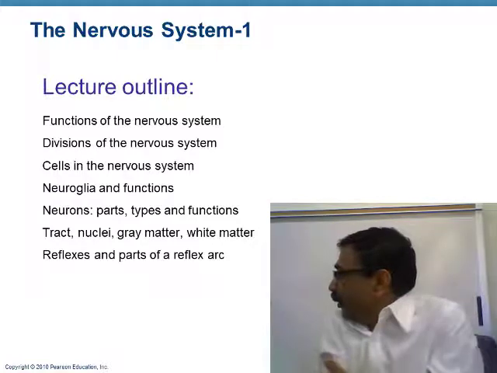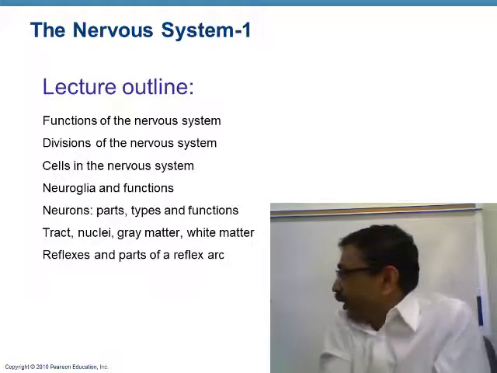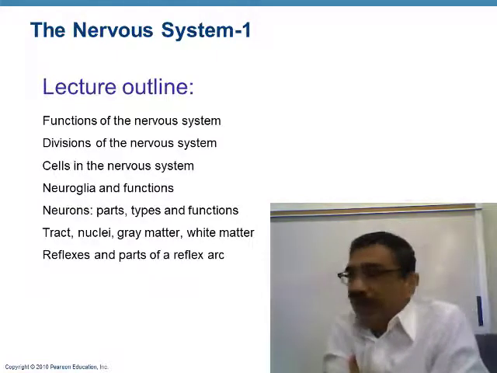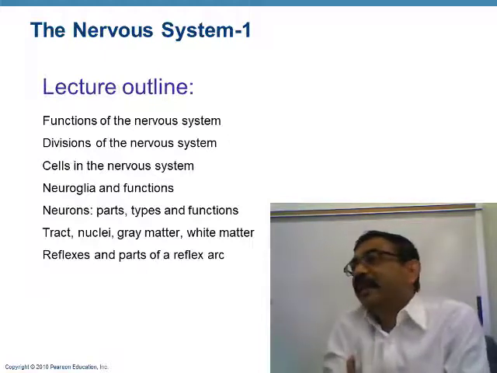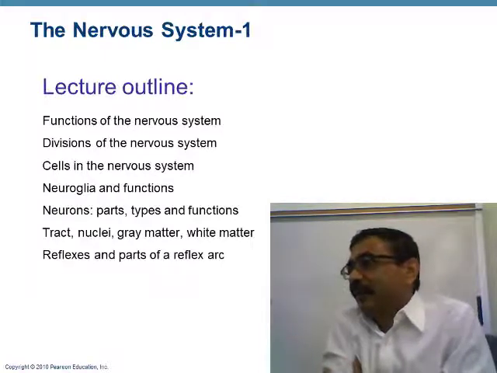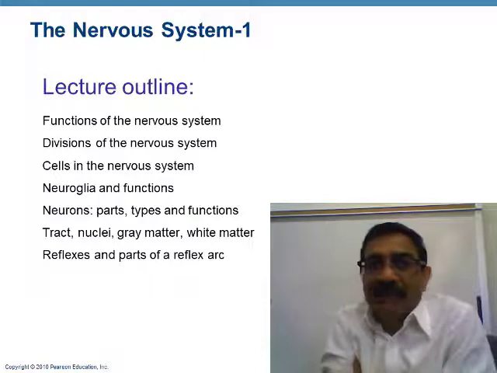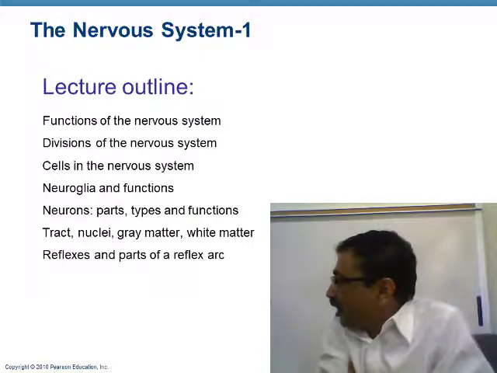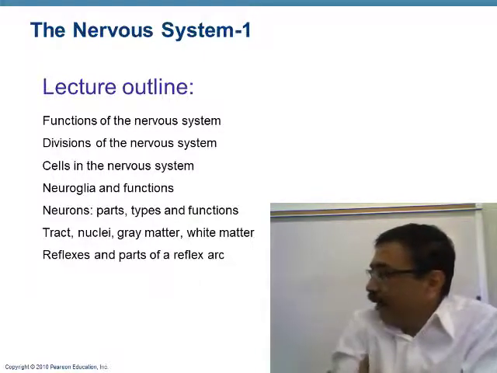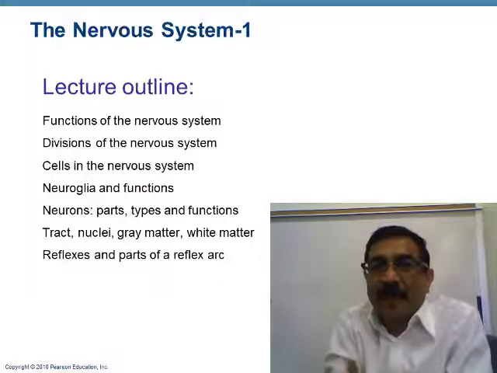Then we will talk about a few other structures we see very often in the nervous system. What are those structures? We see tracts, nuclei, gray matter, white matter.